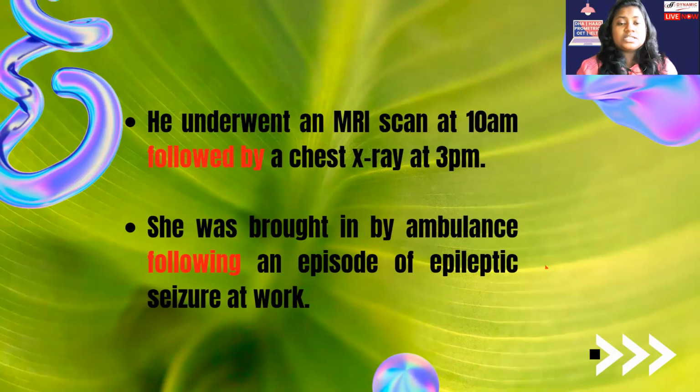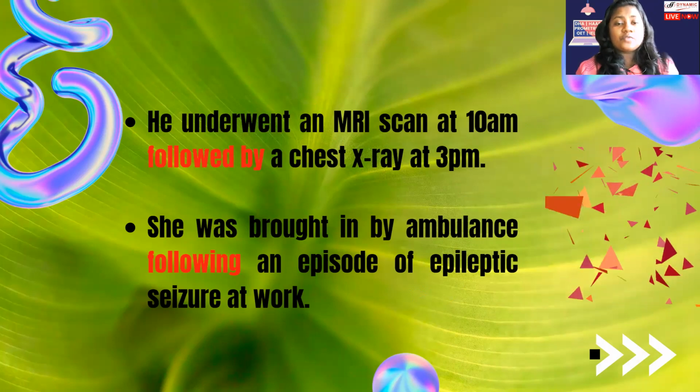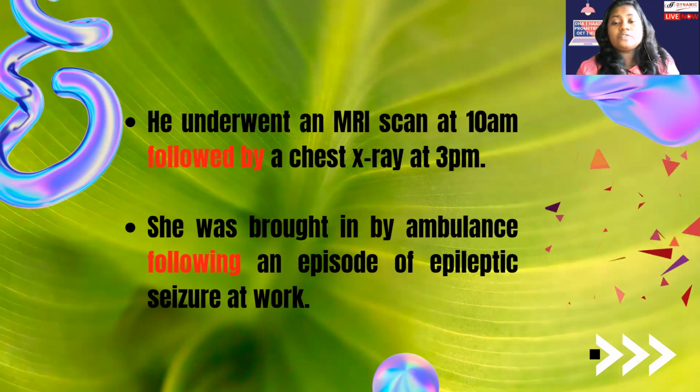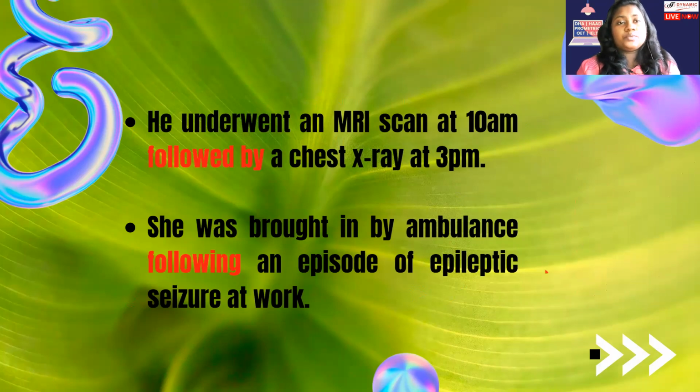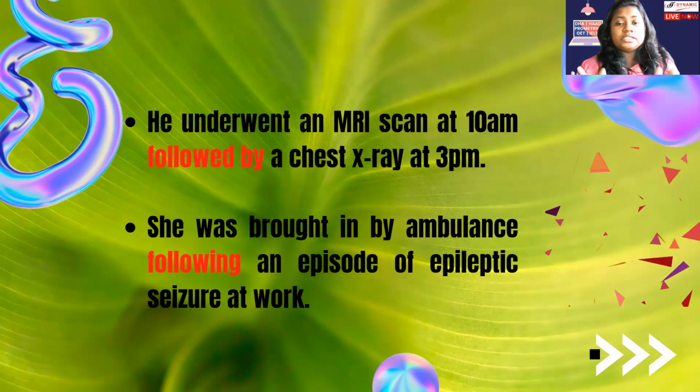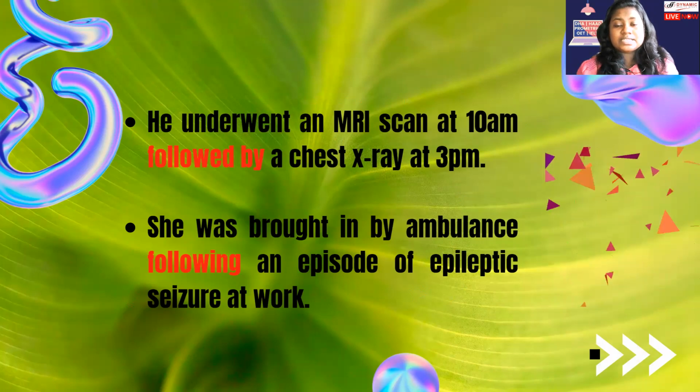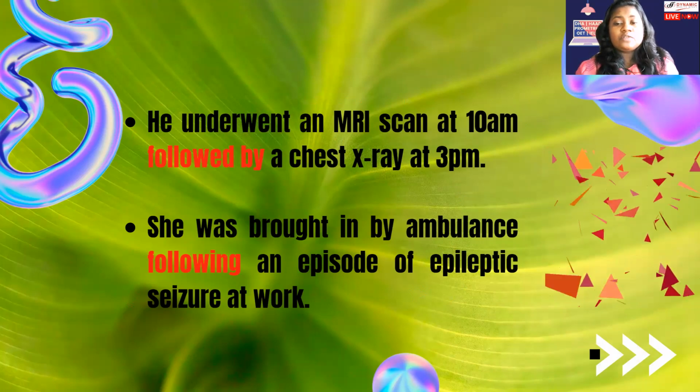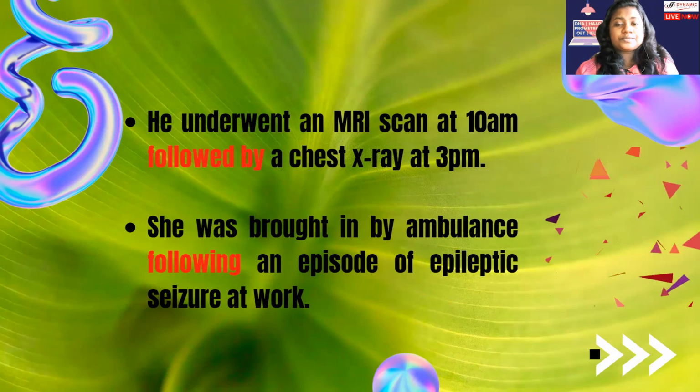Second example: She was brought in by ambulance following an episode of epileptic seizure at work. Here we have used the word "following" to connect two events. One is being brought in by ambulance, and the second event is the episode of epileptic seizure at work.